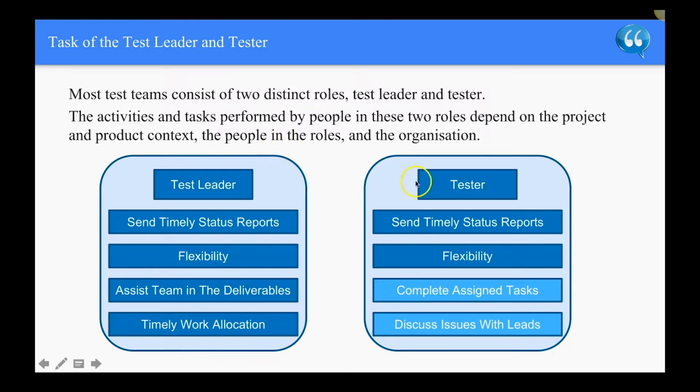If you see this comparison here, the test leader and the tester both send timely status reports. Both have flexibility, and the test lead mainly focuses on assisting with the deliverables and timely work allocation to testers, while the tester completes the assigned tasks and discusses issues with leads.